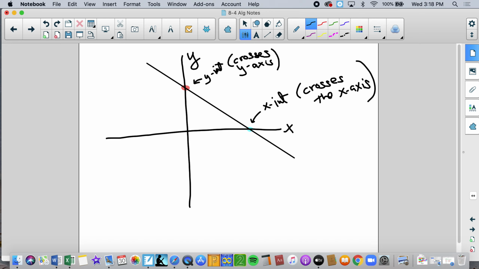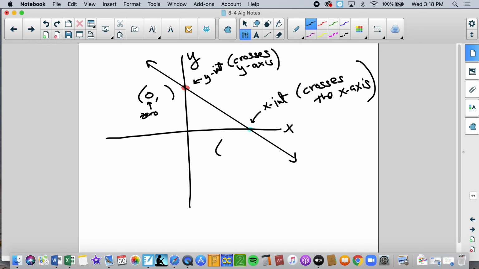All right, so if we have this line, we know that the intercepts are where this line crosses the x and the y axes. We know that the x value will always be 0 for the y-intercept.